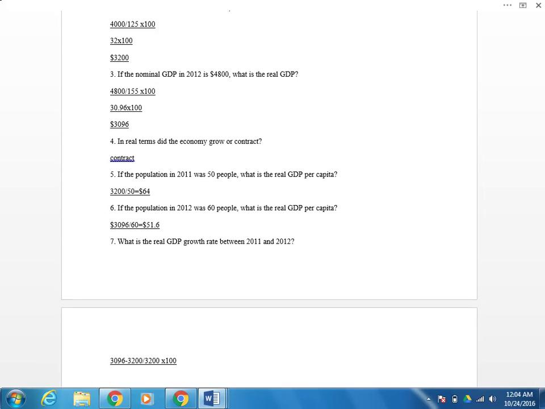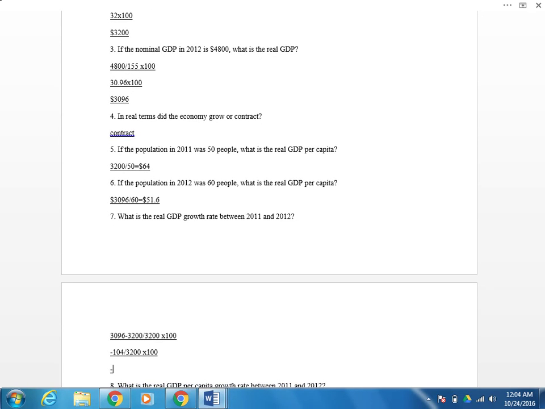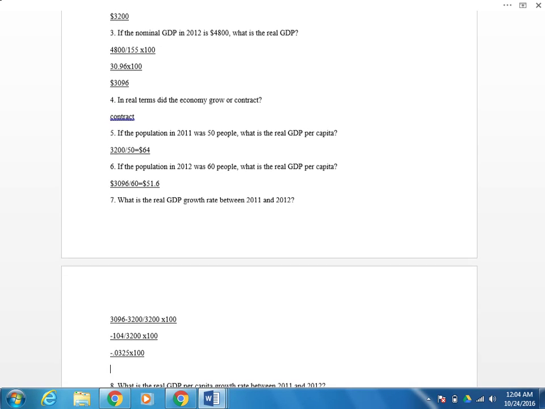So 3,096 minus 3,200 is negative 104 divided by 3,200. It's going to be negative 0.0325 times 100. That's going to give you negative 3.25%.